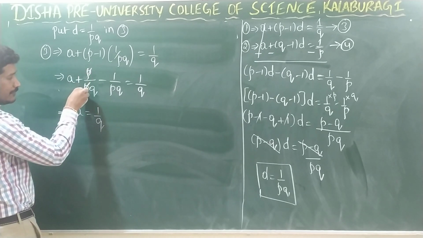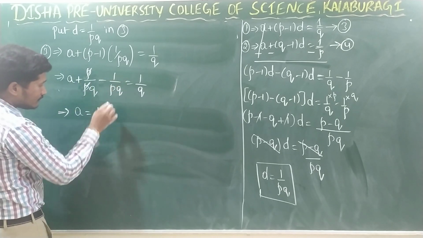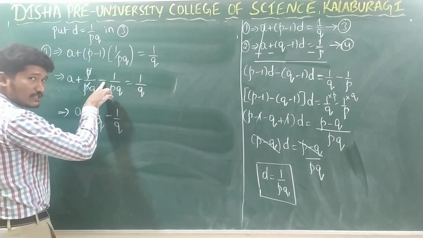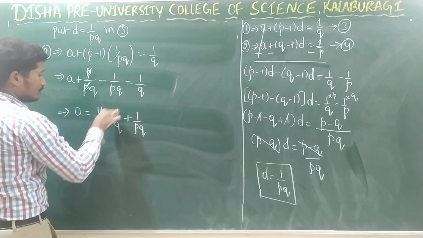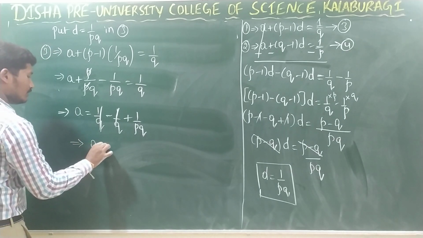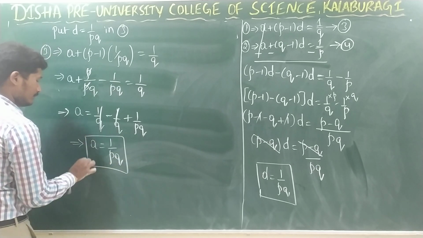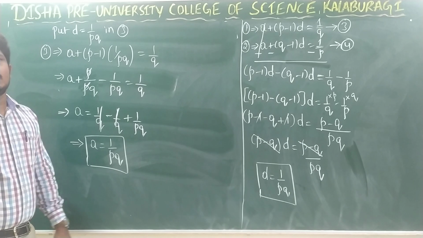When p and p get cancelled, I am left with 1 by q here. So when I transfer this, it will be minus 1 by q. When I transfer minus 1 by pq, it becomes plus 1 by pq. So plus and minus get cancelled here. So this implies that a is equal to 1 divided by pq.